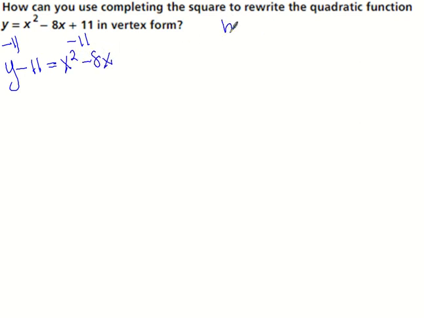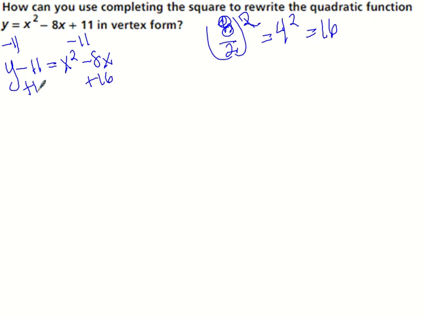We're going to still do our completing the square, so I'm going to do 8 over 2 squared, equals 4 squared equals 16. So now I'm going to add 16 to both sides. We're going to get y plus 5 equals x squared minus 8x plus 16.